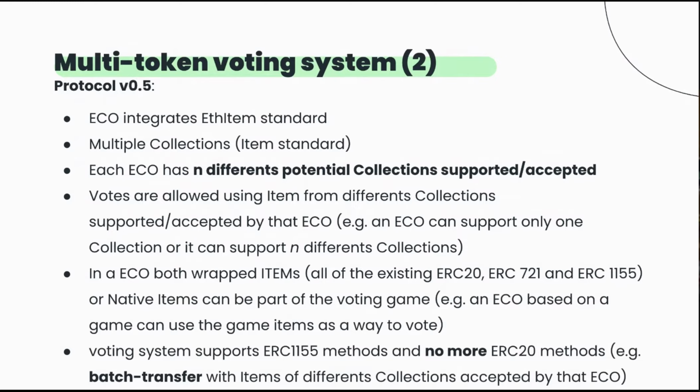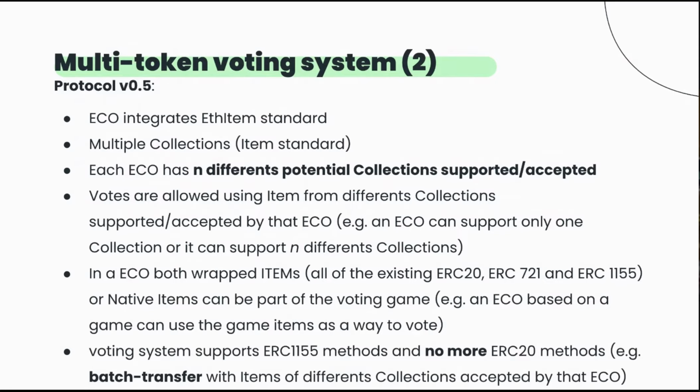Then we have multiple collections in the Item standard, naturally. So this means that each ECO has n different potential collections supported or accepted.